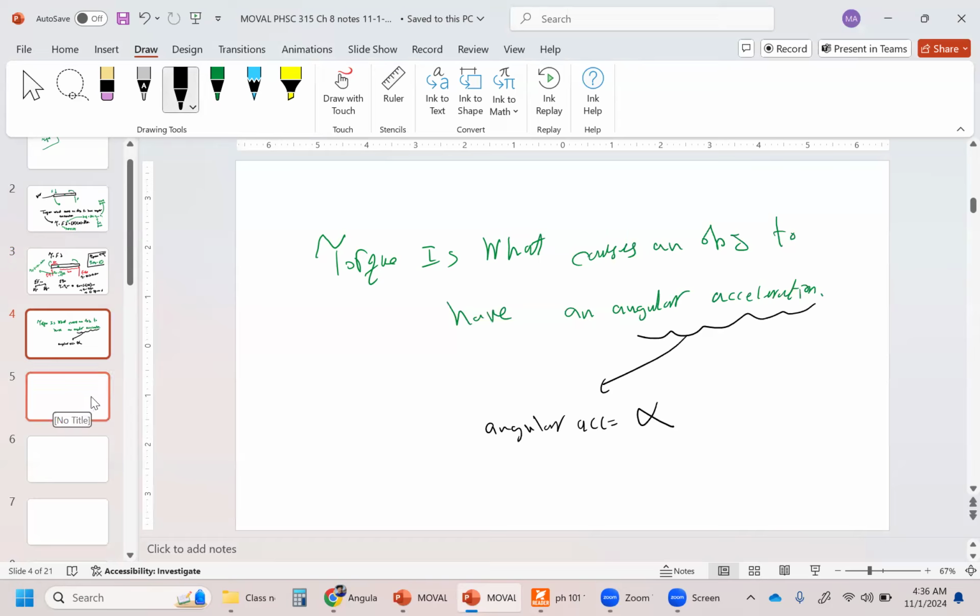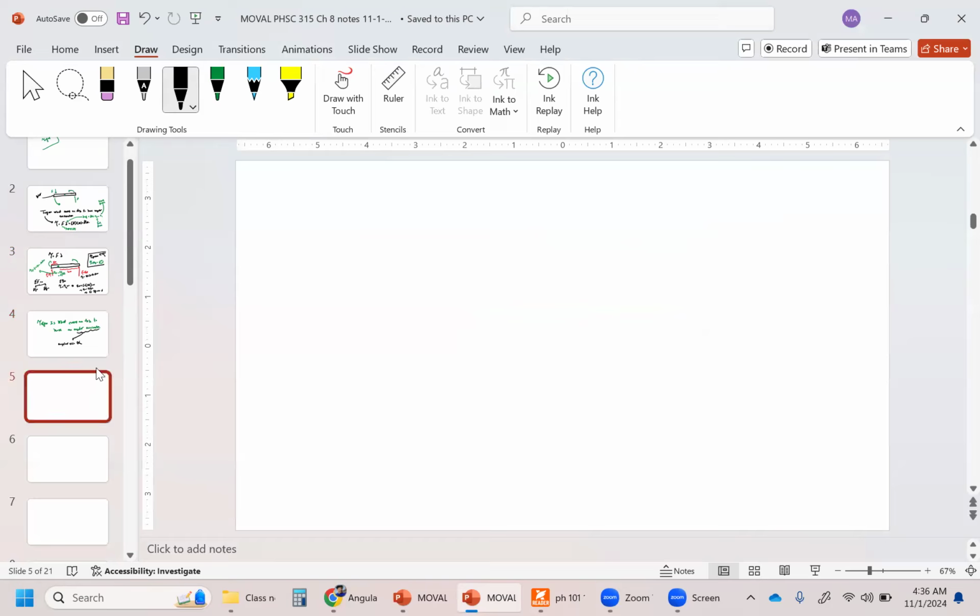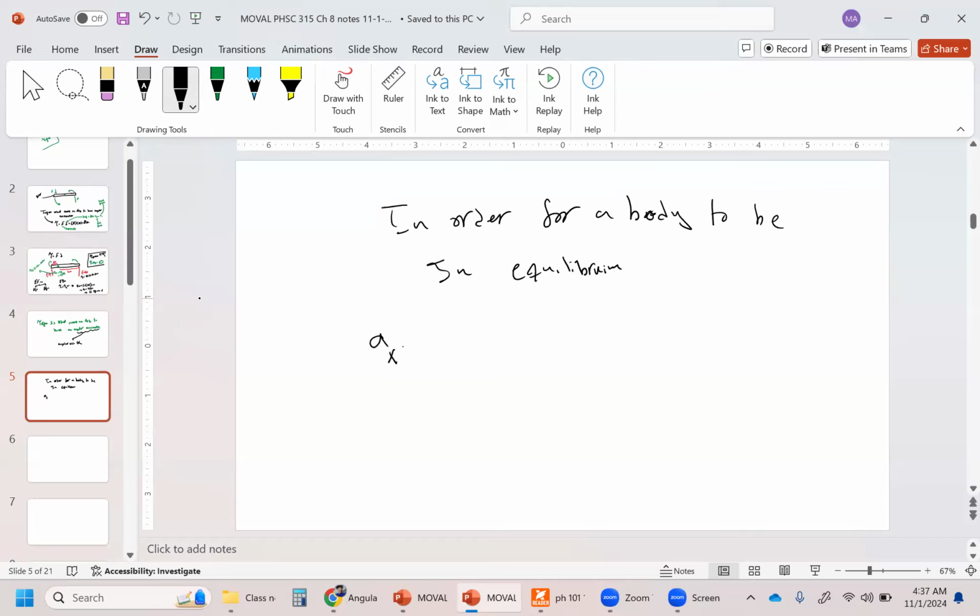So in order for a body to be in equilibrium, all your acceleration in the x direction, the y direction, and also in the z direction is going to equal zero.